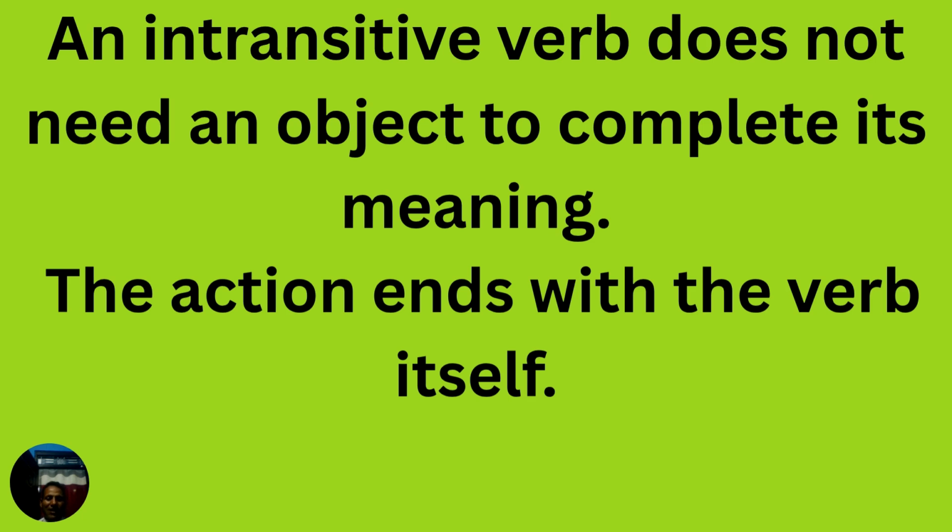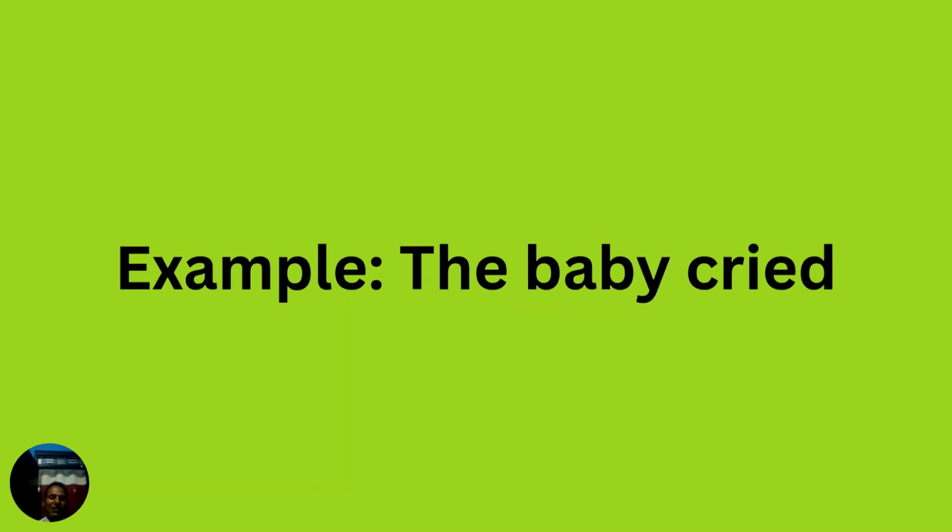The action ends with the verb itself. As for example, the baby cried. In this sentence, there is no object and it ends with the verb only. So, the formula: subject and verb.